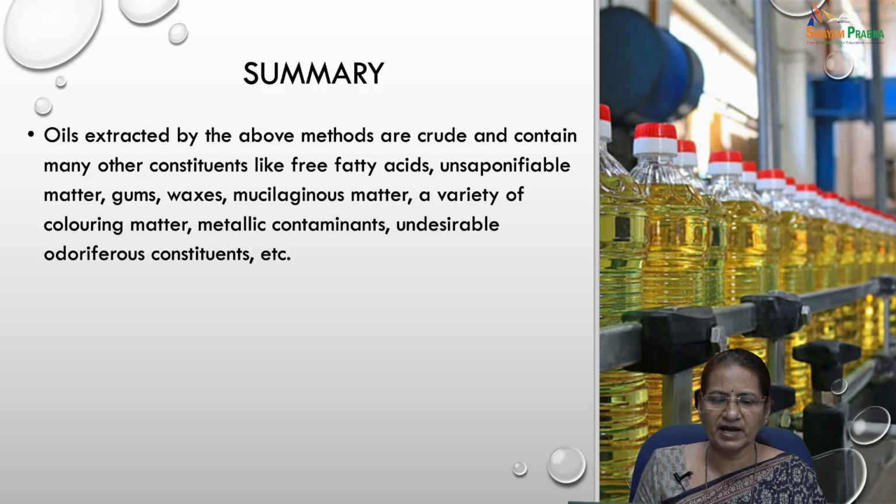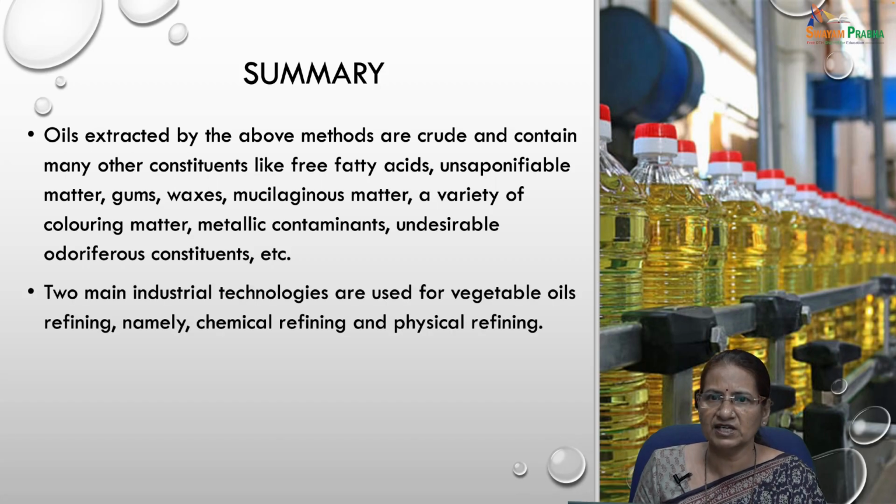Oil extracted by the above methods is crude and contains many other constituents like free fatty acids, unsaponifiable matter, gums, waxes, mucilaginous matter, a variety of coloring matter, metallic contaminants, undesirable odoriferous constituents, etc. Two main industrial technologies are used for vegetable oil refining, namely chemical refining and physical refining.